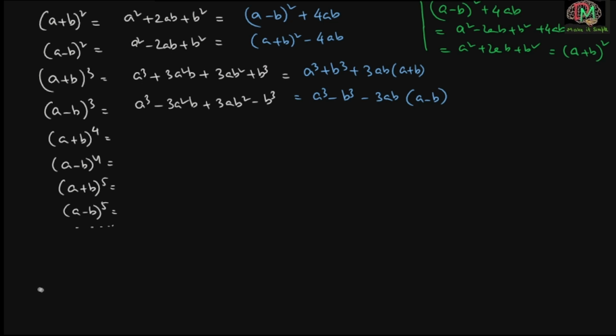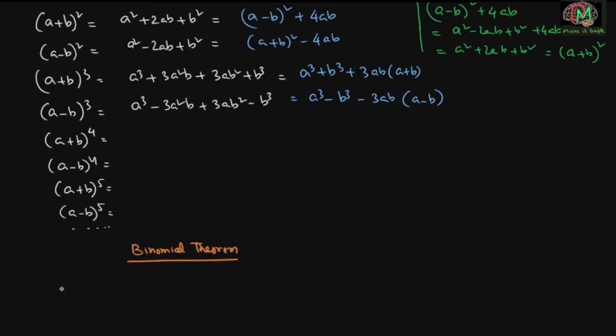What does the binomial theorem say? Let's take one example, (a + b). It is a binomial because there are two terms, and if we take one exponent or power, that is n, the binomial theorem helps us to expand this expression.